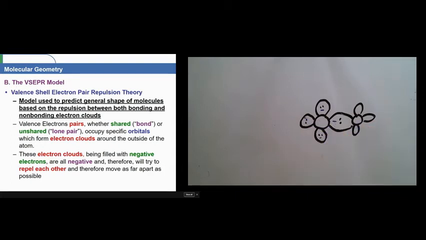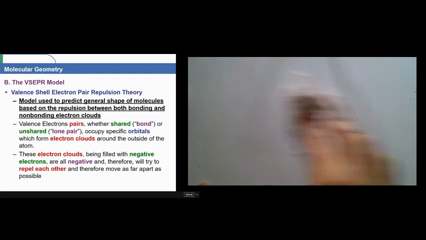They're all negative. And since they're all the same charges, they try to repel each other and therefore move as far apart as possible. All right? They don't like each other, so they will spread out as far apart as possible. But they're still attached to the central atom, which means they can't spread all that far.